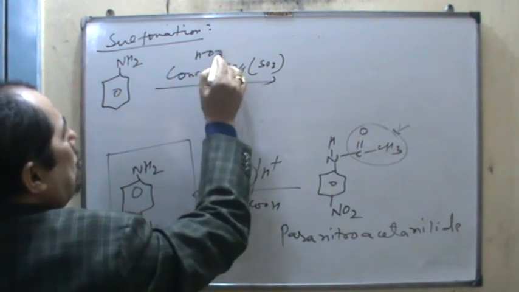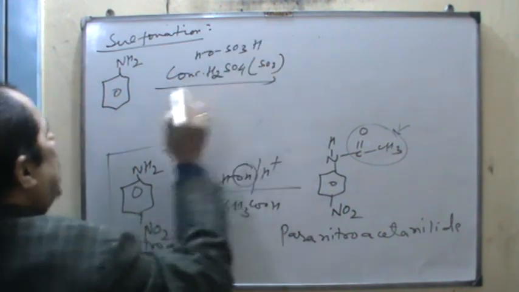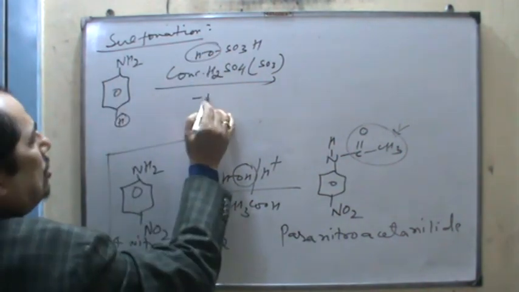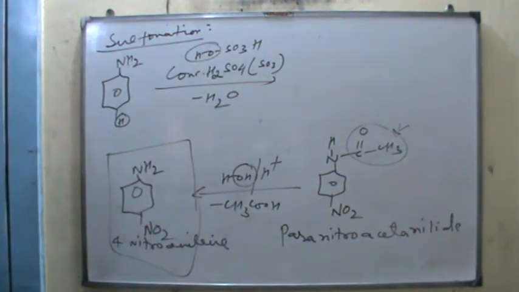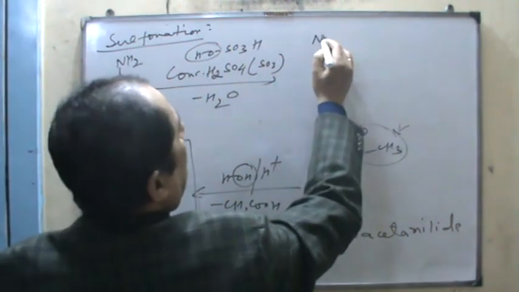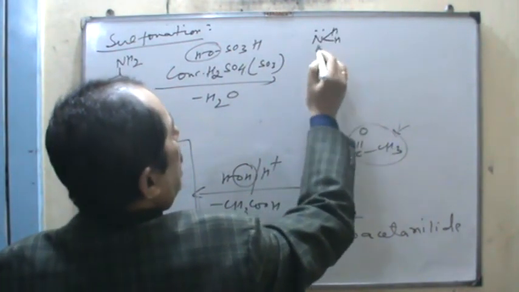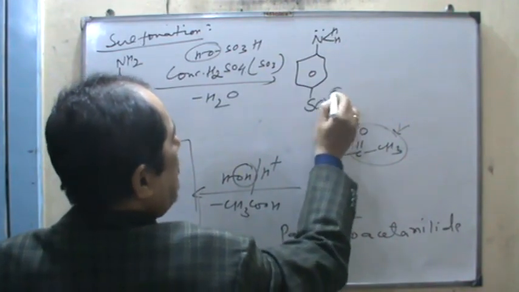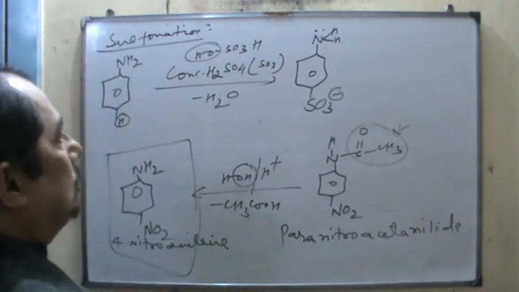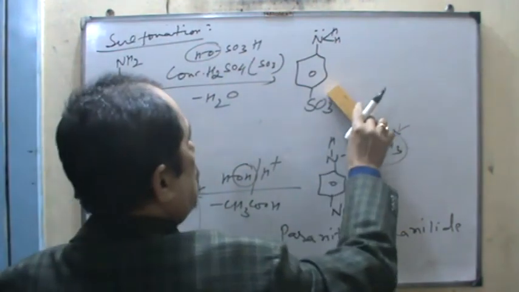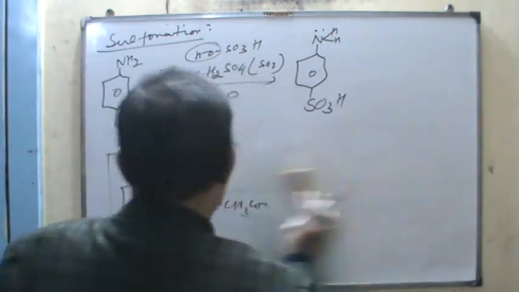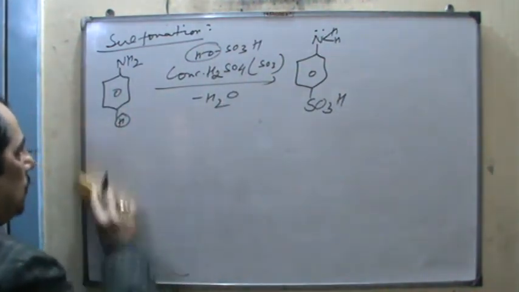This is the HOSO3H. This H is replaced from the para position. OH and H, water is lost, and NH2 lone pair of electrons, SO3 negative. So this is the SO3H. Sulfonic acid is seen here as the functional group.